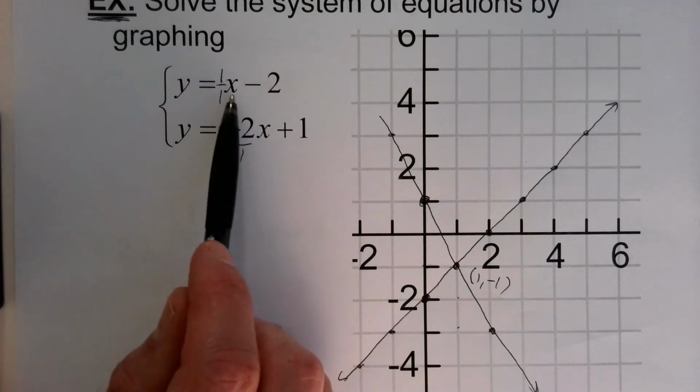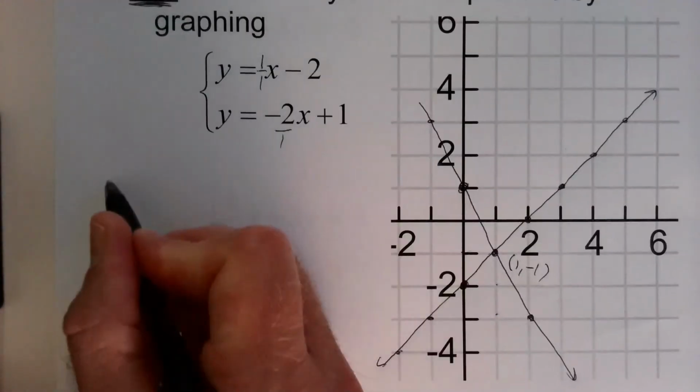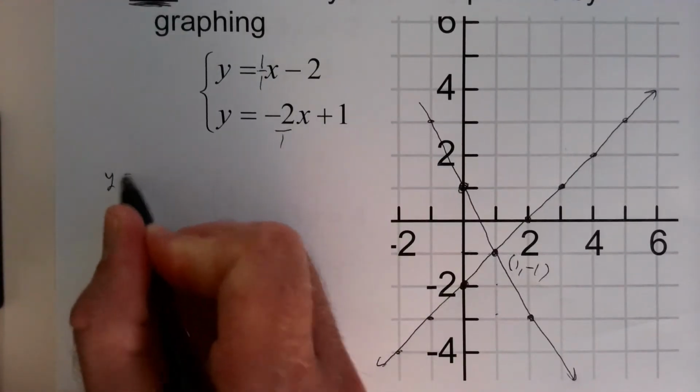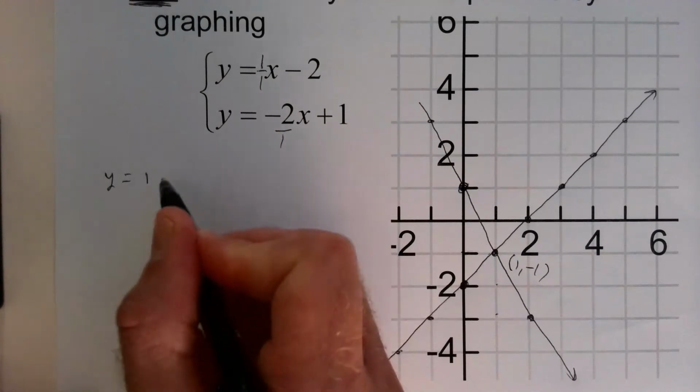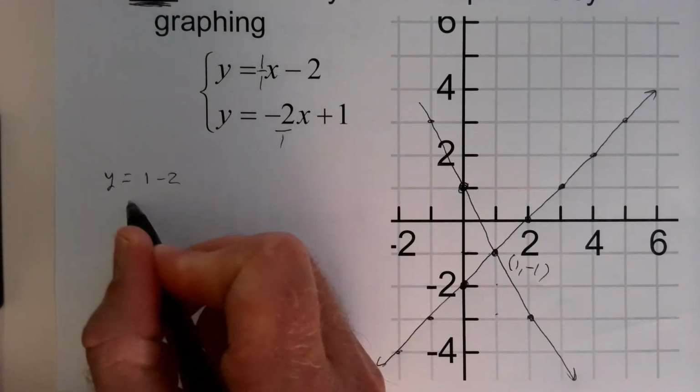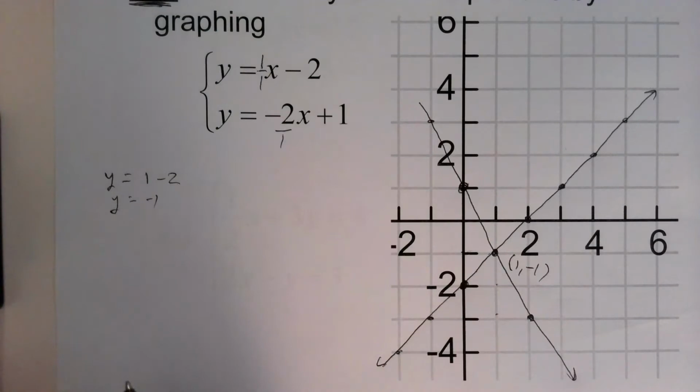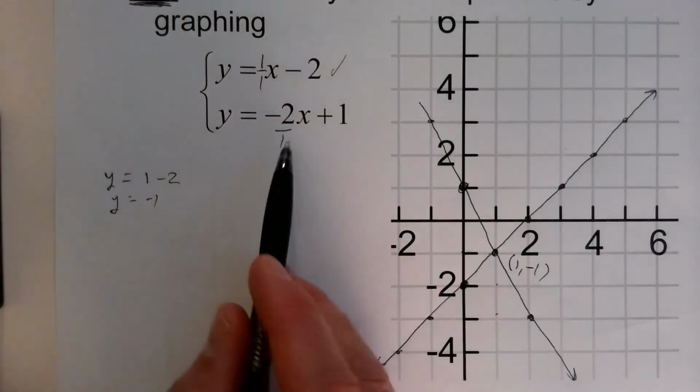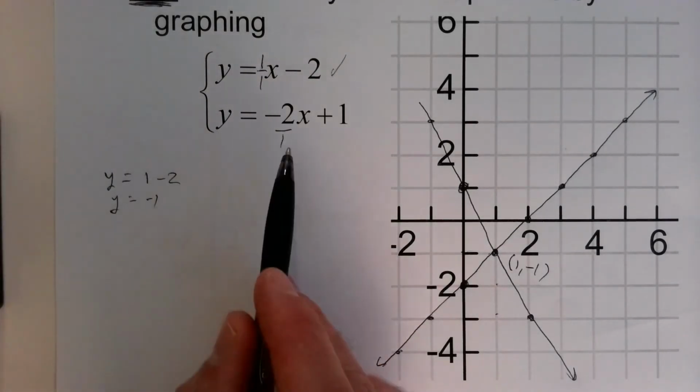So let's plug in a 1 for x. If we plug in a 1 for x on that first equation, we get y equals 1 minus 2, and that would tell us y equals minus 1. Okay, cool. Works for the first one, but for a system of equations it has to work for both equations. So I'm going to plug into the second one as well. You can plug in the y or the x, it doesn't really matter.